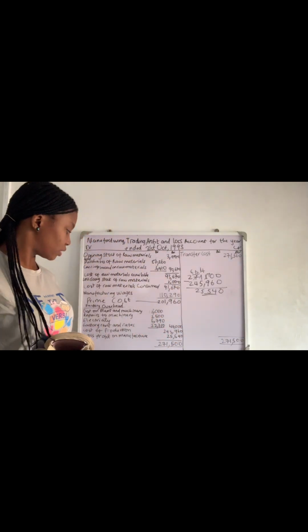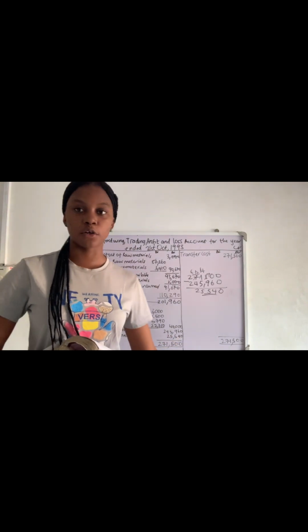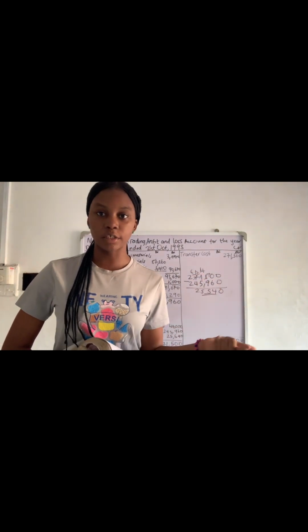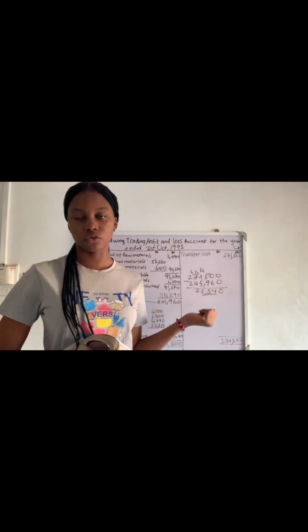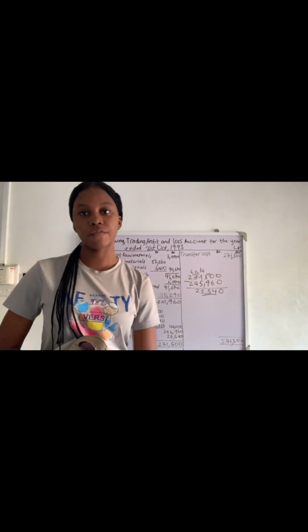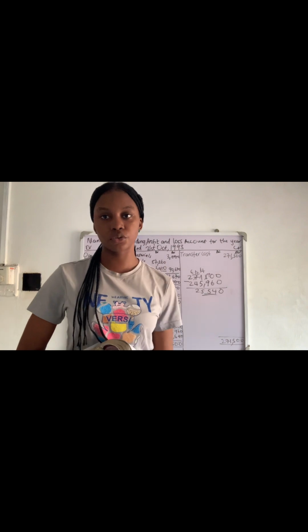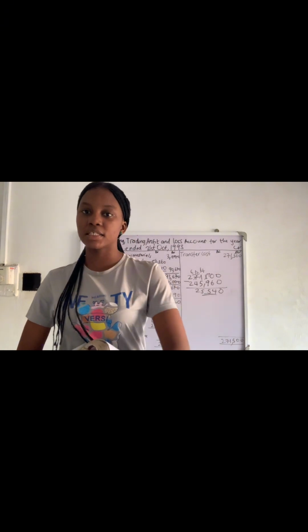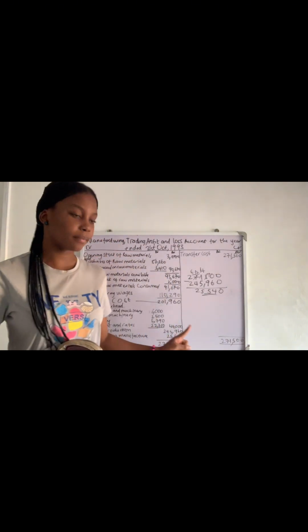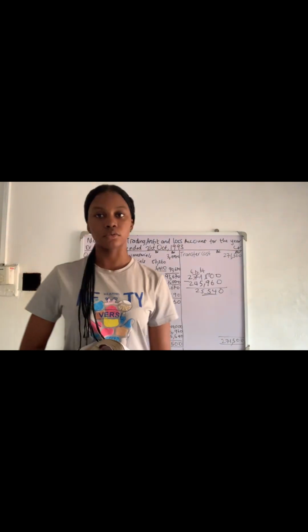But you produced it at the rate of 245,960, which will then give you a profit on your manufacture, which is 25,540. So the business will be happy because they will rather keep on producing goods than buying them at a particular price, which will save them a profit of 25,540.